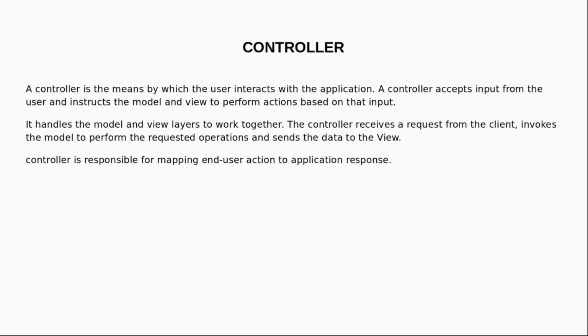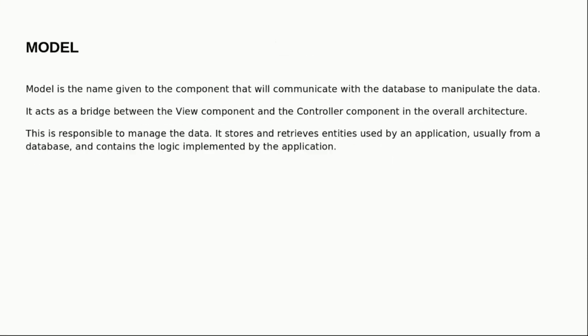Yes, it is correct, but it's not, how do I put this, it's not like a law, right? So it is possible that your view can communicate directly with your model, but in the best cases, your controller links the view and the model, right? So just a recap: your model deals with the database and database connectivity, database queries.